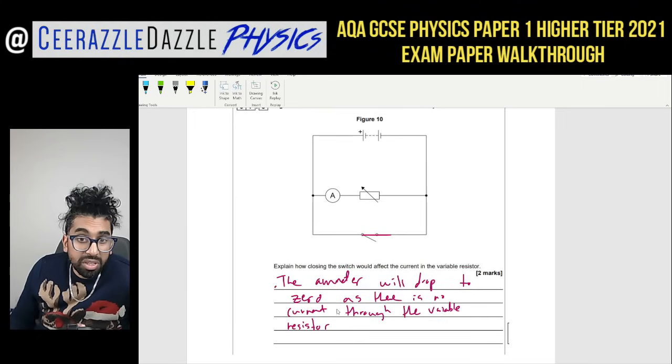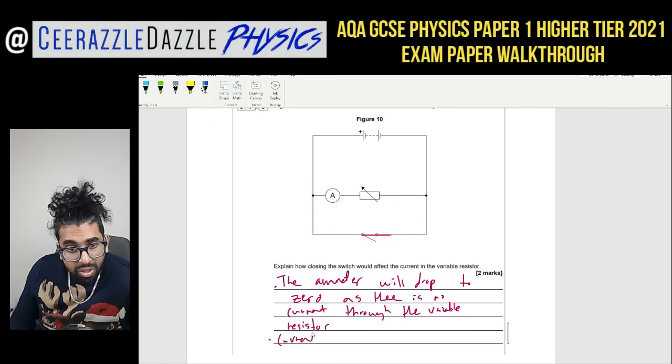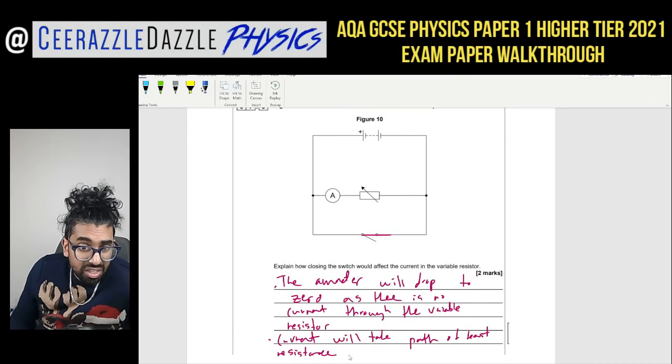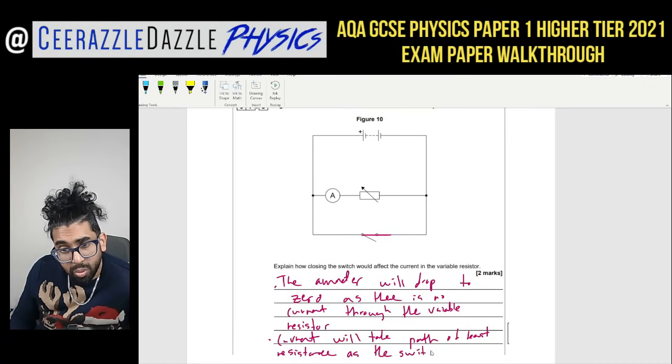And the reason why is because the current will always take the path of least resistance, and the switch has zero resistance.